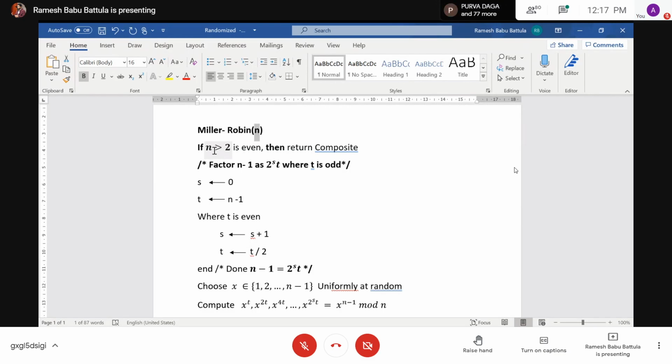Okay, n is greater than 2, and if that number is odd, then n minus 1 is an even number, which we can represent in the form 2 to the power s into t.